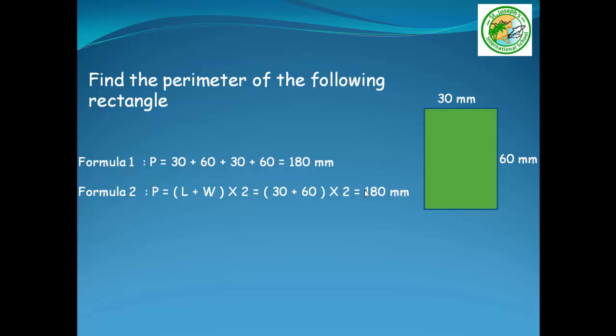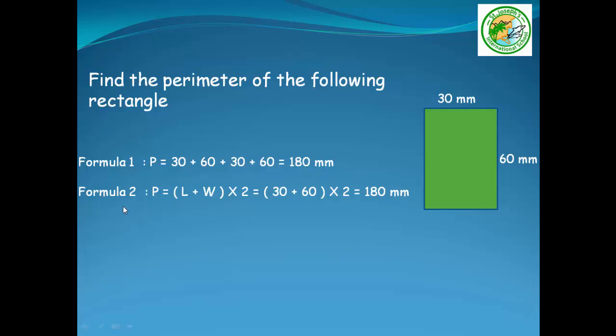We will add 30 plus 60 plus 30 plus 60. Because this side is 30, the opposite side will be 30 also. And this side is 60, so the opposite side will be 60. So we have 30 plus 60 plus 30 plus 60, which equals 180 millimeters.